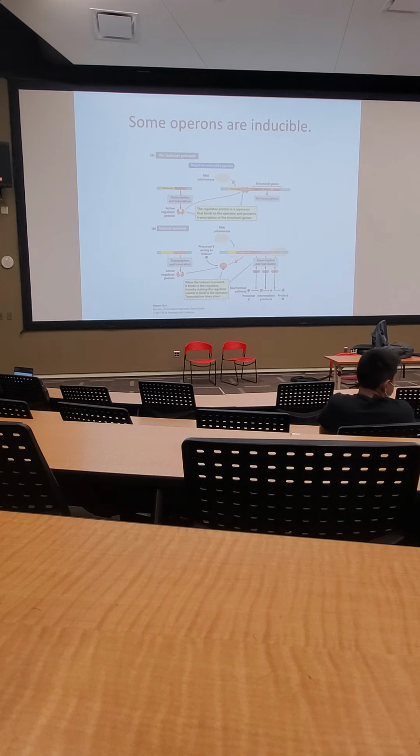So that's what the black or the gray boxes are going to start showing in the diagrams in your book and in these slides. Condition 1 is no inducer present. Condition 2, inducer present. So an inducer is a molecule that interacts with the regulator to turn on gene expression.